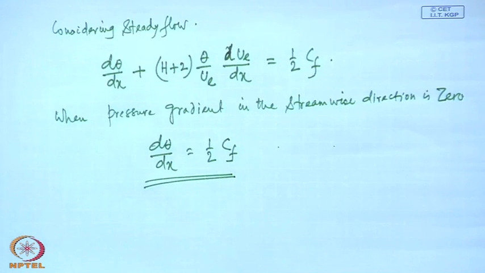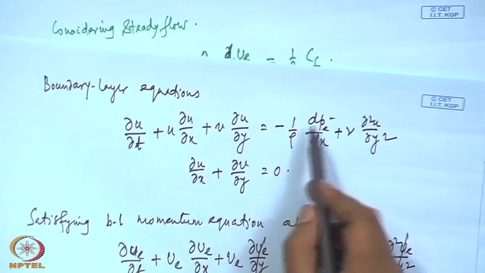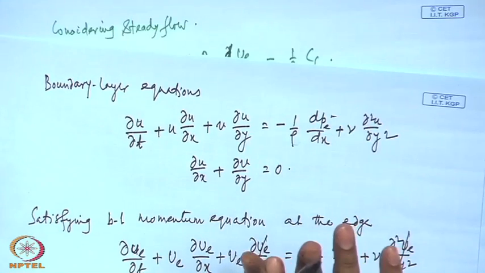So, this is the equation of the flat plate boundary layer. This is the equation for flat plate boundary layer in the integral form. Of course, in the differential form, we will have this equation. In the differential form, this is this equation with this term dropped.